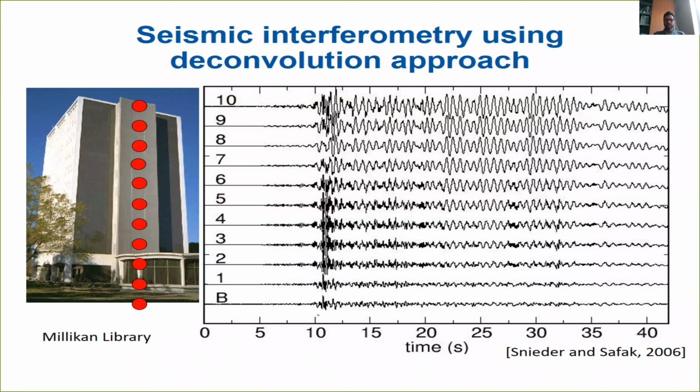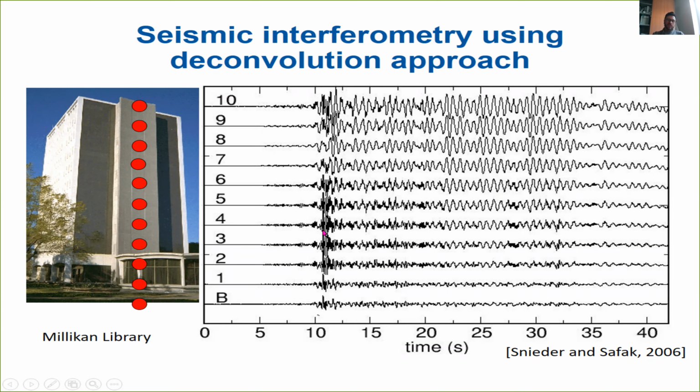So this is an example of the recordings in the Millikan library. This is a typical example that you will find in many books. These are recordings from the basement of a building to the upper floor of a building, which is the 10th floor. You immediately see that the recording in the basement is mainly made of small amplitude, mainly high frequency shaking.